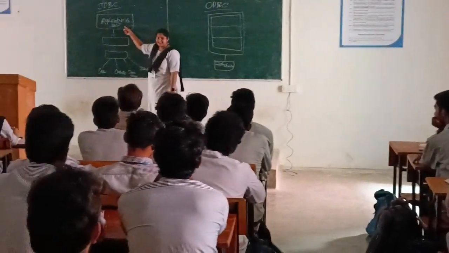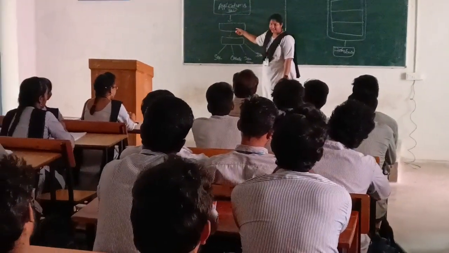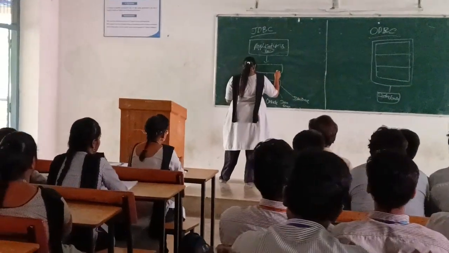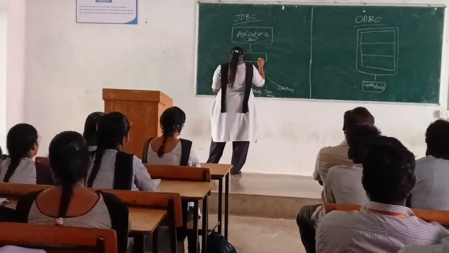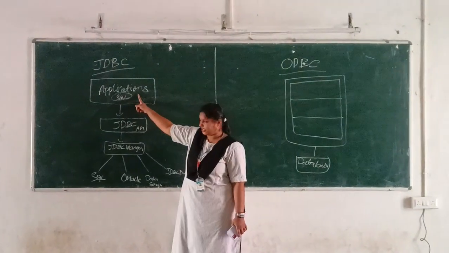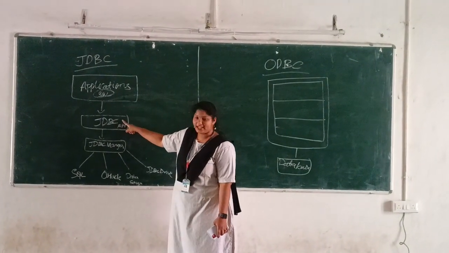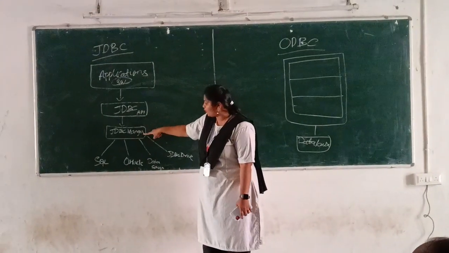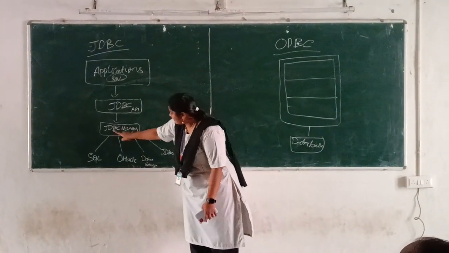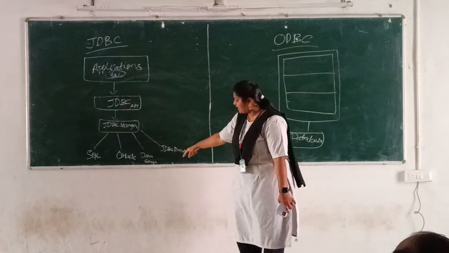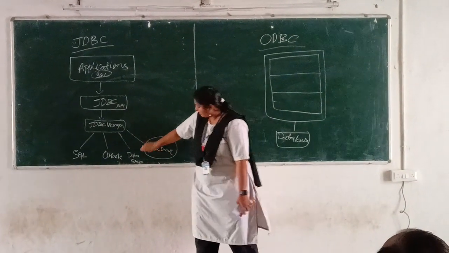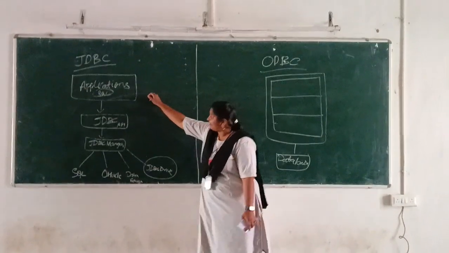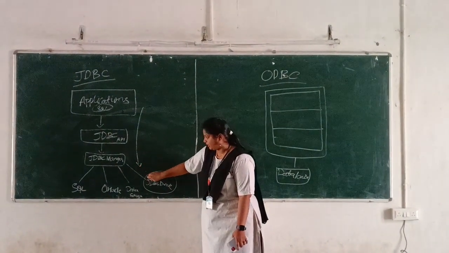From one application state, it moves on to the next state through the JDBC API. API is also known as a protocol. Then it goes to the JDBC manager and divides into sessions. This is the JDBC driver, where we store all the entire process items.